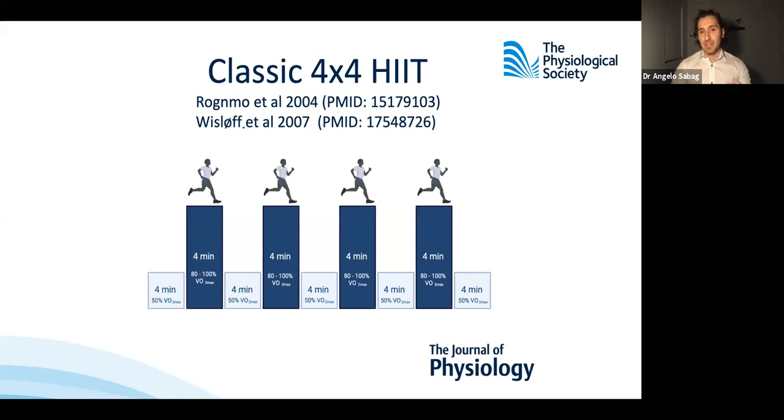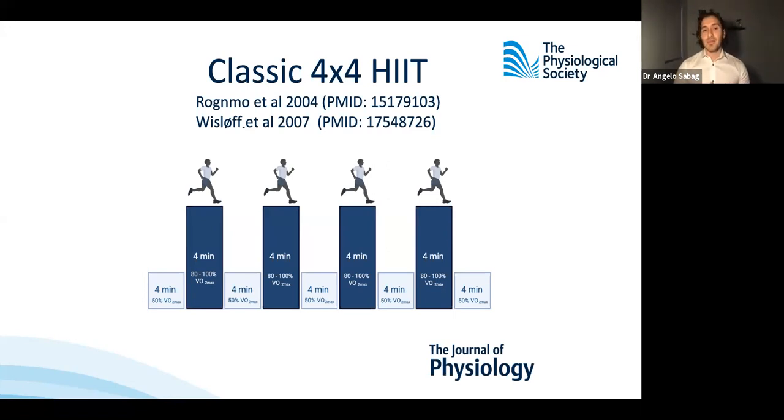I guess these studies were what sparked the interest in HIIT in the general public. And since then, there have been so many more studies published that have looked at HIIT for a variety of conditions, including mental health, cancer, HIV, and of course, obesity-related diseases.